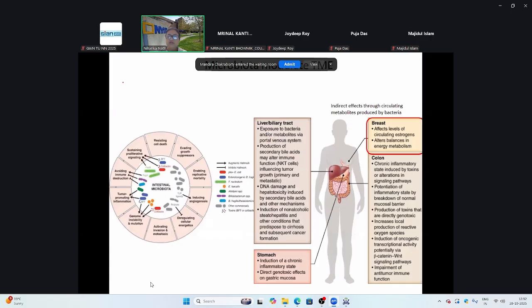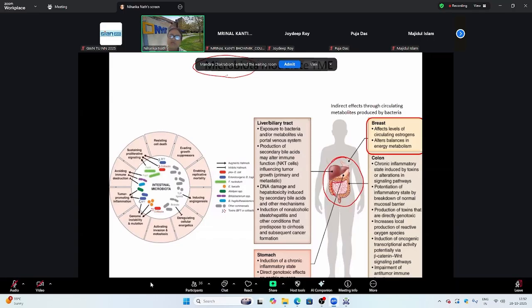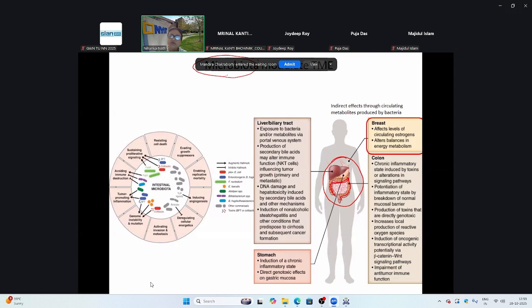And lastly, I don't know much to talk about this right now, but the microbiome is a big thing now, the big thing in the last 3-4 years. What is the microbiome? In your GI tract, in your small and large intestine, you have lots of bacteria.